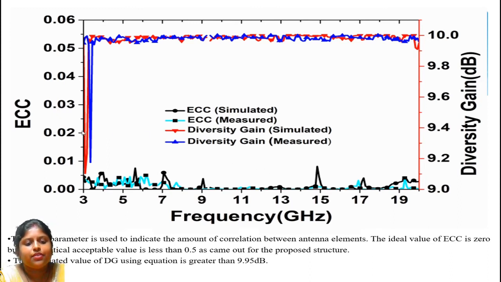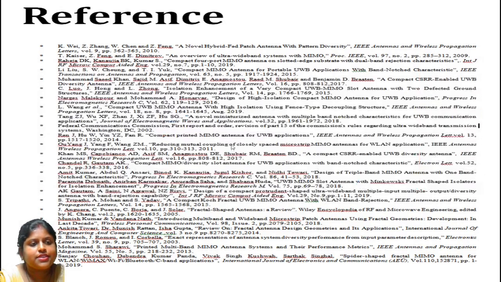The ideal ECC value is 0, but in practice the acceptable value is less than 0.5, and this is achieved by the proposed structure. The evaluated diversity gain is greater than 9.95 dB, and this is the simulated diversity gain plot. Now, these are the references from which I got some ideas.